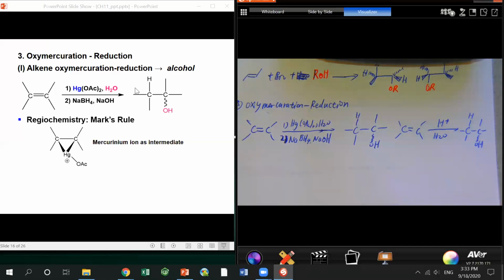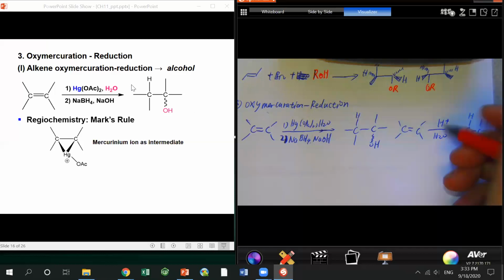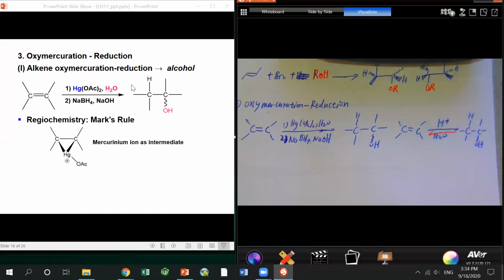So the question is, why do we still need to study it? The reason is that this reaction normally has a much higher yield. Remember that acid-catalyzed hydration is a reversible reaction, so dehydration and hydration happen under similar reaction conditions.